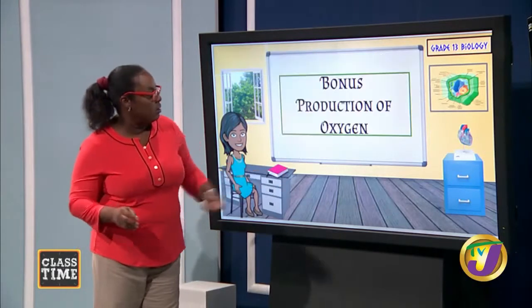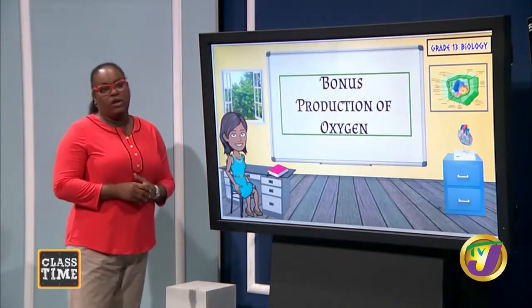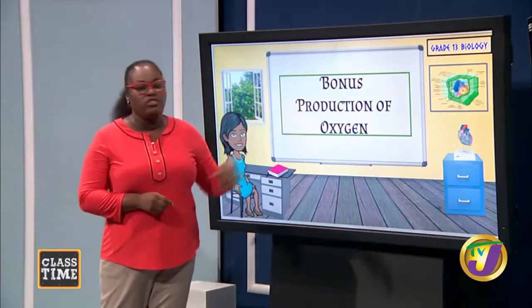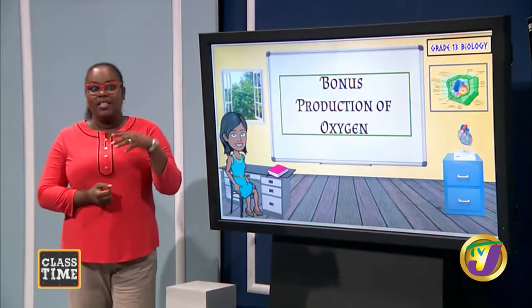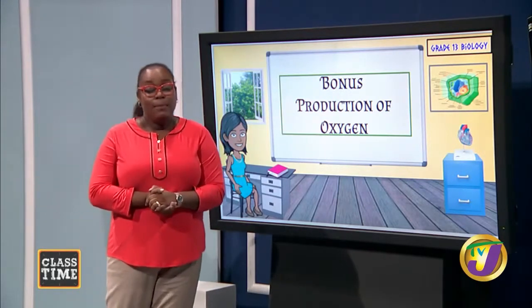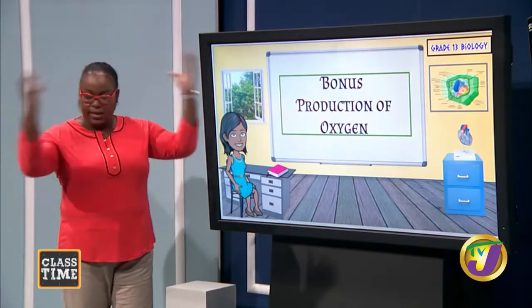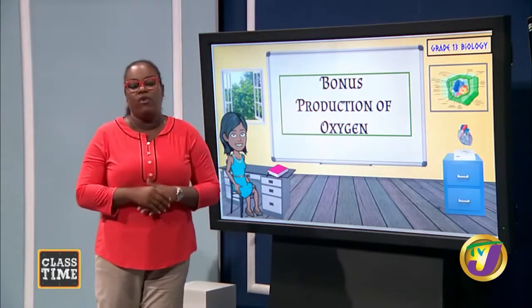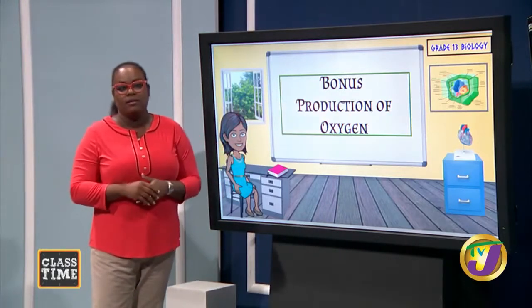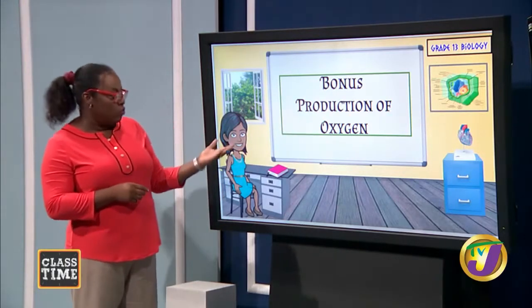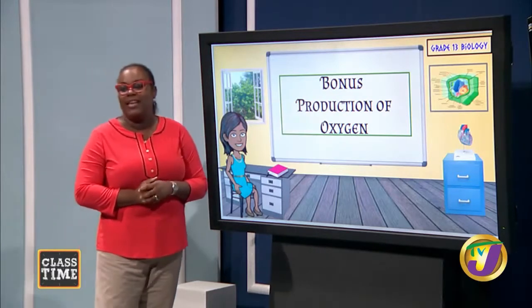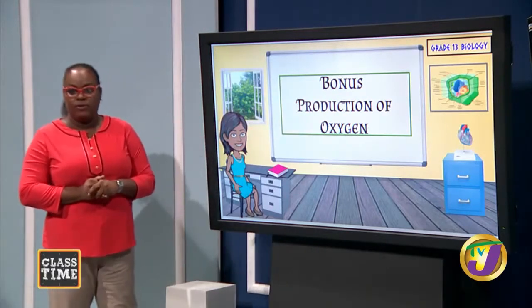And the bonus of this stage is that oxygen is also liberated. And a little tip, all the oxygen in the world that exists today, that is very important for all living organisms, actually is produced from the process of the light-dependent stage of photosynthesis.